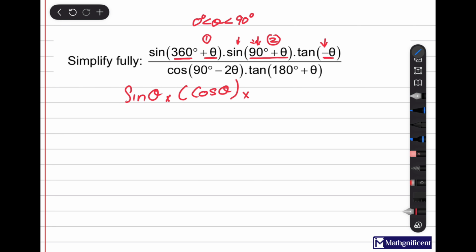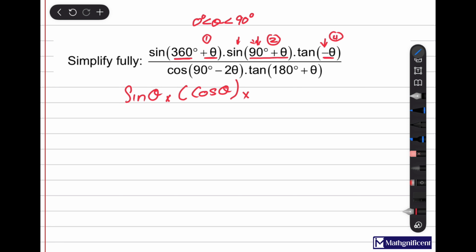We are on the x-axis and we move clockwise. But remember that theta is an angle between 0 and 90 degrees. So if you are moving clockwise by theta degrees, this is going to land us on the fourth quadrant.